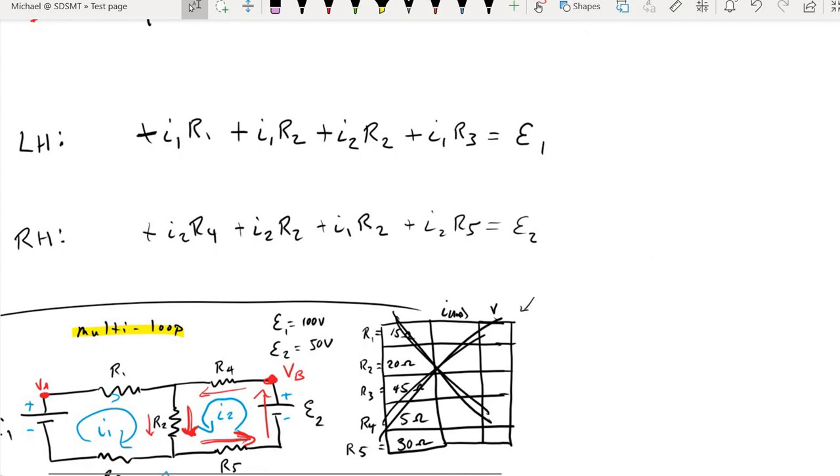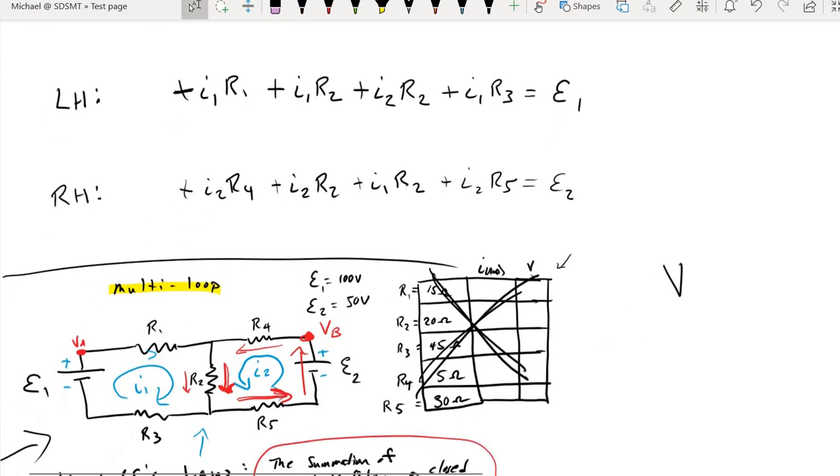And the minute we do that, we can use Ohm's law on any of the resistors in that circuit, because all five of those resistors are going to have either current 1, current 2, or said combination passing through them. And I can use that to find the potential difference across any of those resistors.